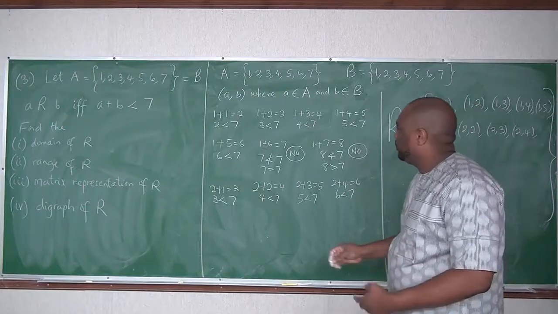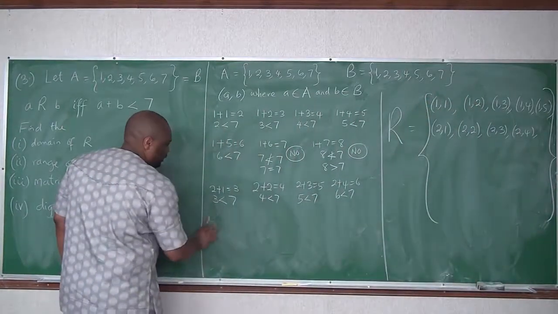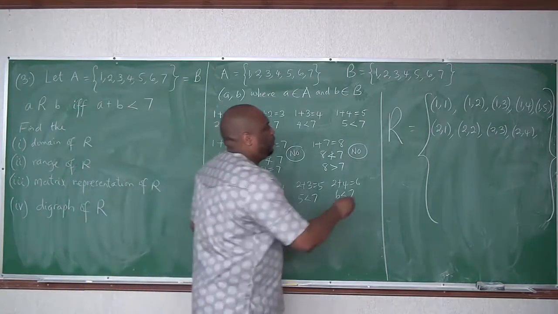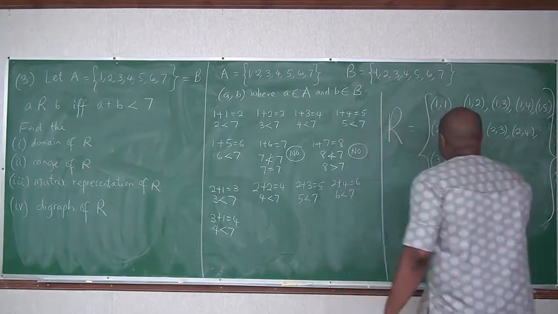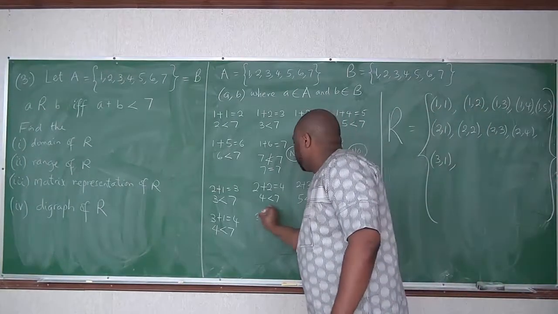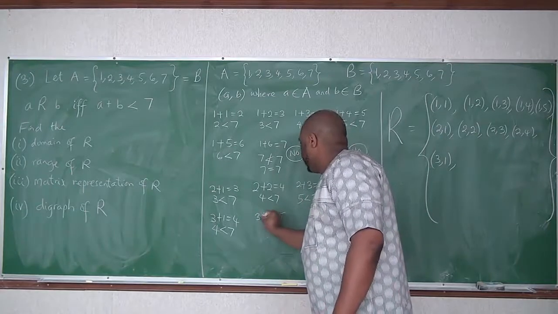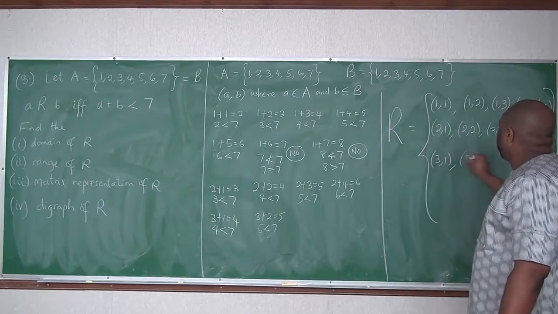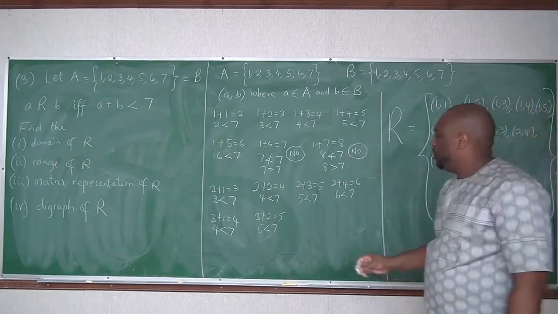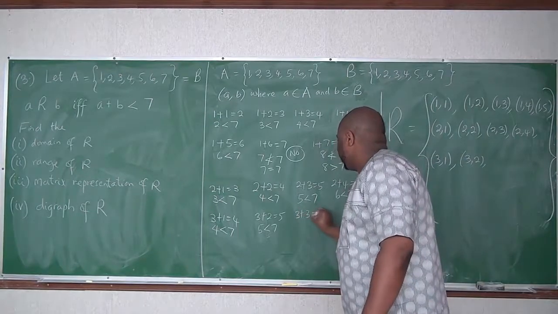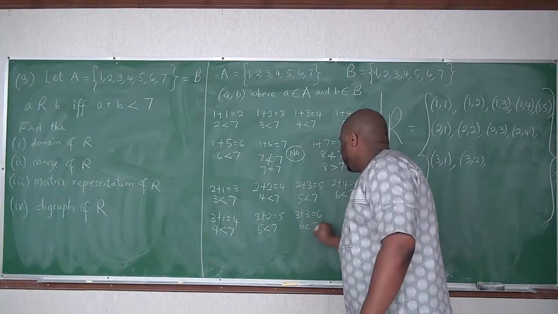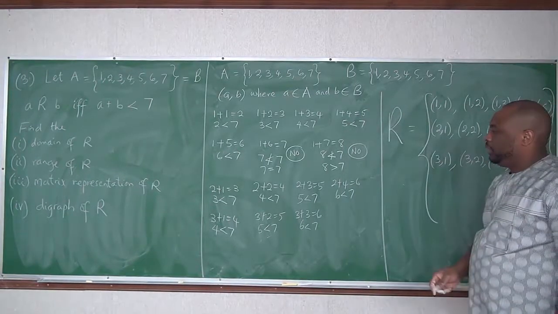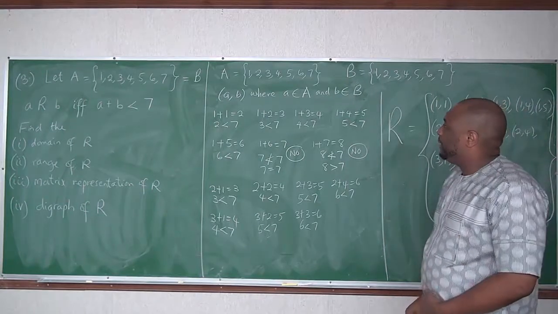Then we do 3 and 1. We have 3 plus 1 is 4. 4 is less than 7. 3 and 1 will work. We have 3 plus 2 is 5. 5 is less than 7. So 3 and 2 would work. We have 3 plus 3 is 6. 6 is less than 7. 3 and 3 would work. 3 plus 4, we forget about that.